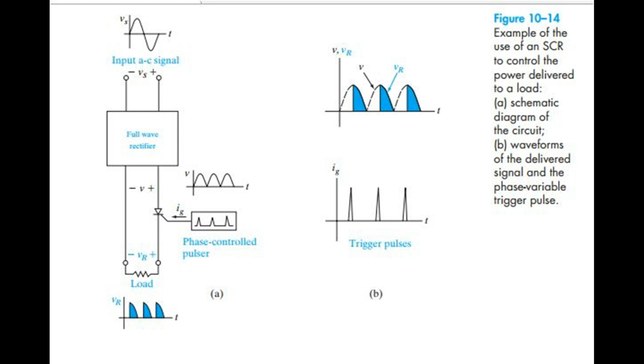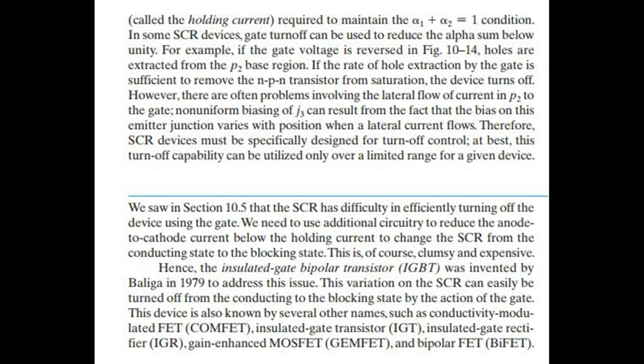In some silicon-controlled rectifier devices, gate turn-off can be used to reduce the alpha sum below unity. For example, if the gate voltage is reversed in Fig 10.14, holes are extracted from the P2 base region. If the rate of hole extraction by the gate is sufficient to remove the NPN transistor from saturation, the device turns off.